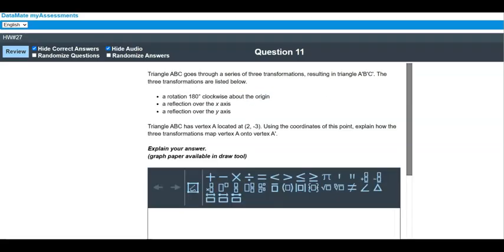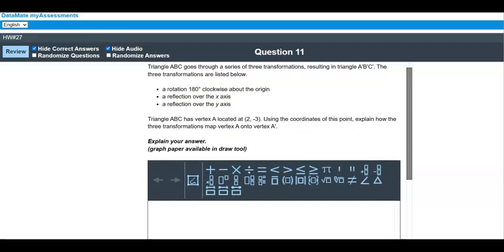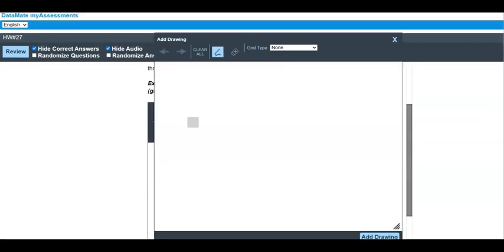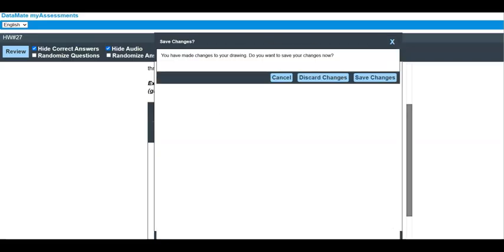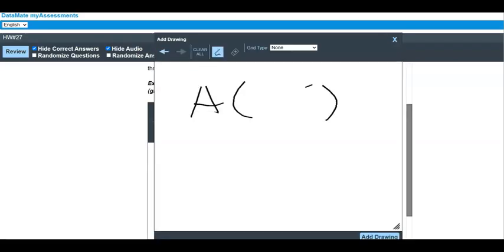For question 11, they want you to use the point 2, negative 3, and using the list of transformations below, explain how we get to the final place of A prime. So you can either open a drawing and draw what happens to A, or you can use the typing feature.